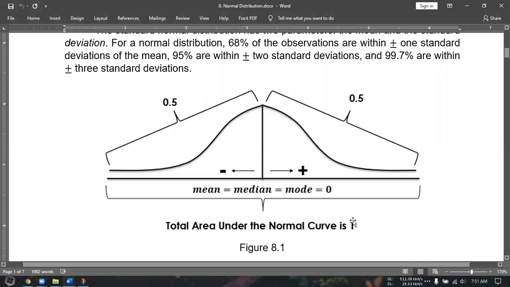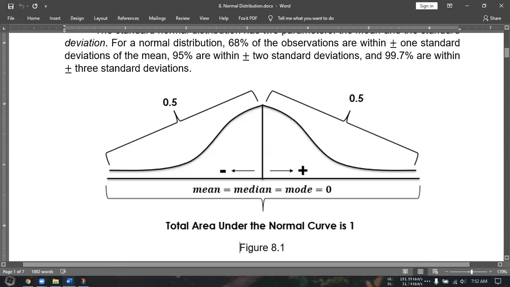Now the mean, median, mode, and then we convert the measures of mean, median, and mode into standard score. They're equivalent to 0. If at the center is the value of 0, then all the values on the right side are positive, all the values on the left side are negative. And if the area is 1, then the left side is 0.5 and the right side is the other 0.5. Or in percentage, if this is 100%, then 50% is on the left side and the other 50% is found on the right side.